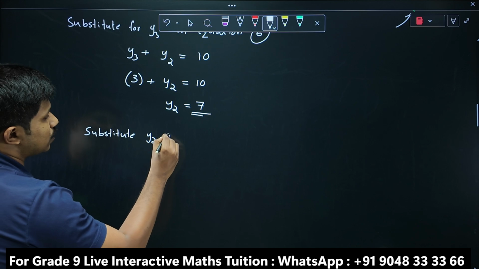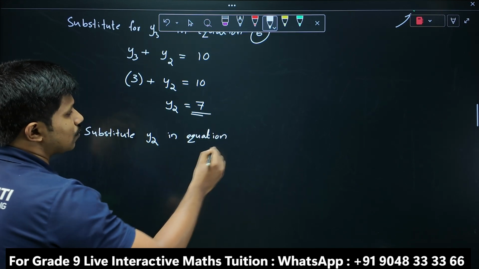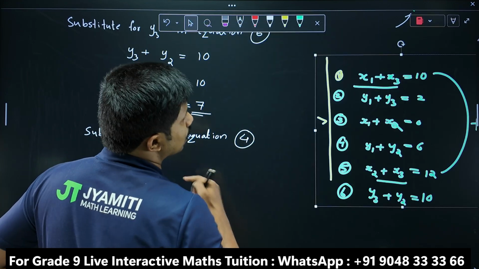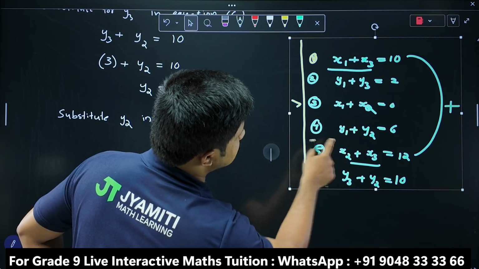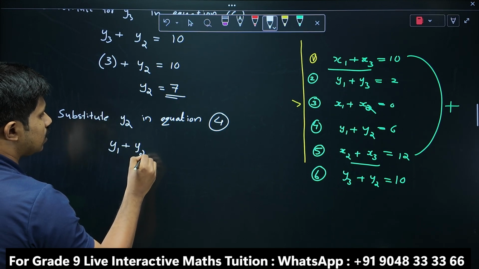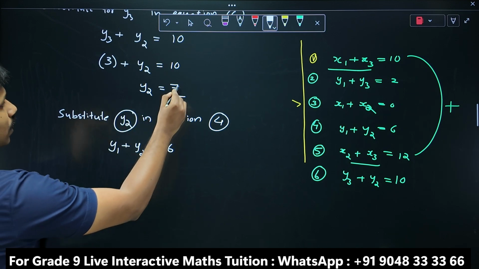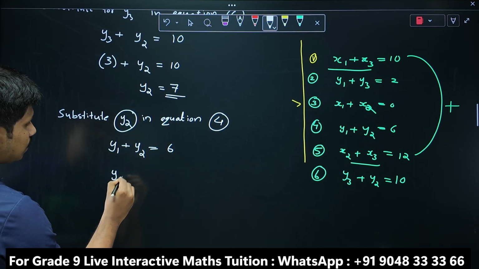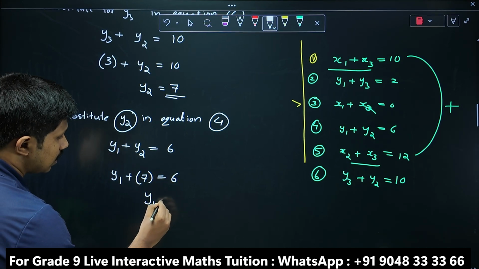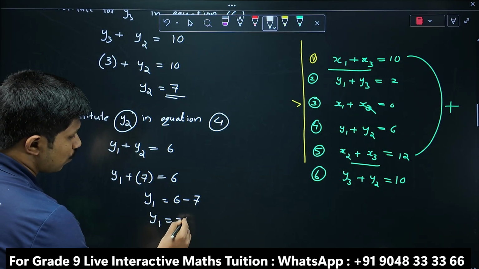What is equation 4? y1 plus y2 equal to 6. Let's substitute y2. y2 is 7. y1 plus 7 equal to 6. So y1 will be 6 minus 7, which is equal to minus 1.